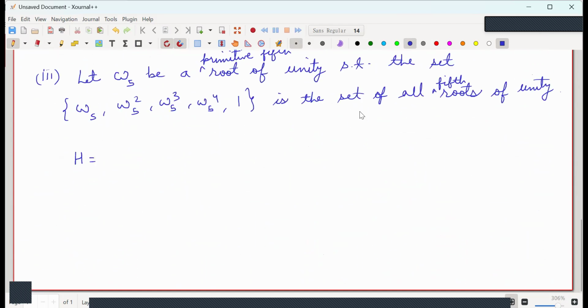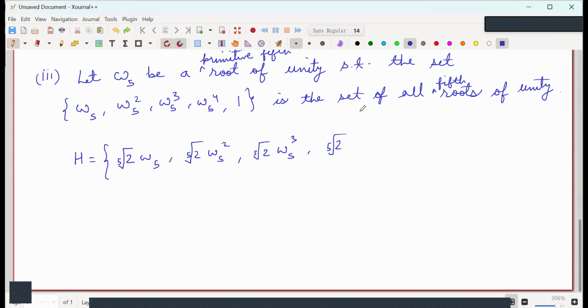So you can denote it like that: fifth root of 2, omega 5 times fifth root of 2, omega 5 square times fifth root of 2, and so on. So this is a rational number, and this is a complex number. This is not rational, and all these will be the fifth roots of 2.